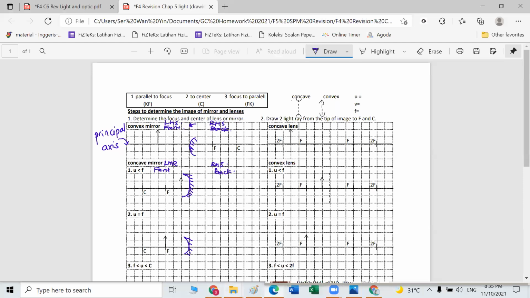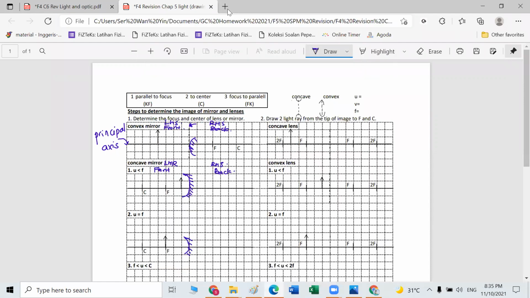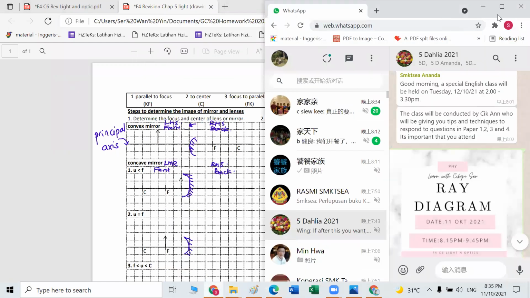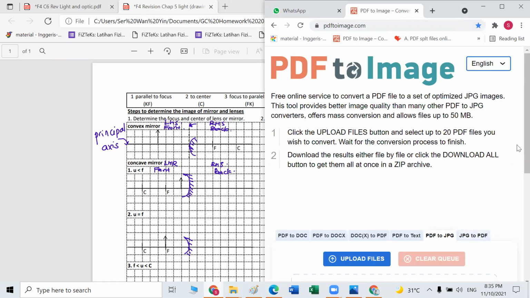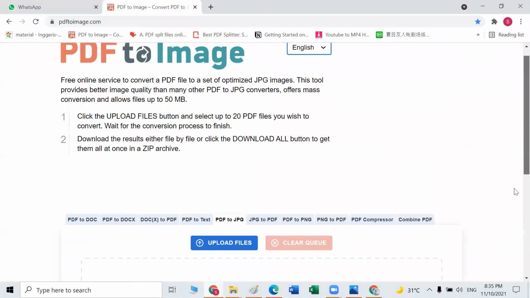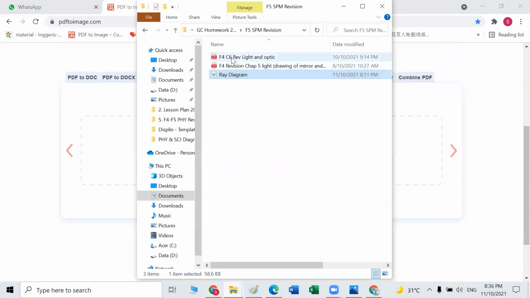Okay, I suddenly think of a way so that I can use ruler. Please wait for me around 1 minute. I can transfer it into an image. Yeah, I didn't think of it before. PDF to JPEG.